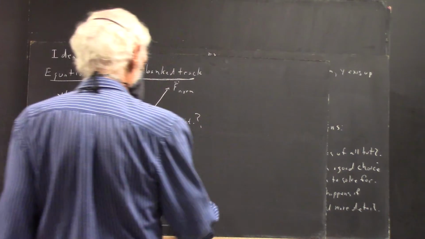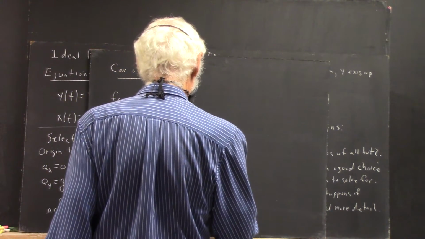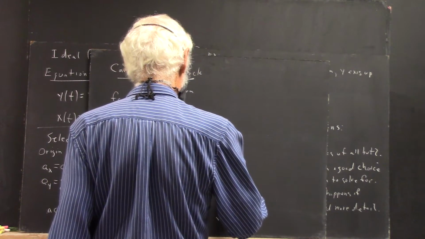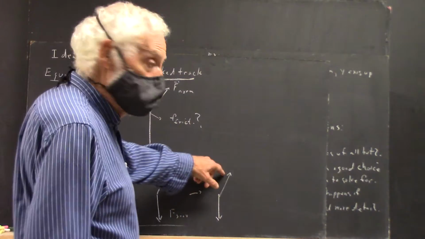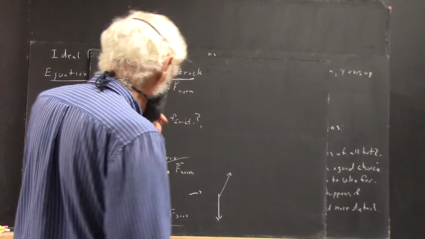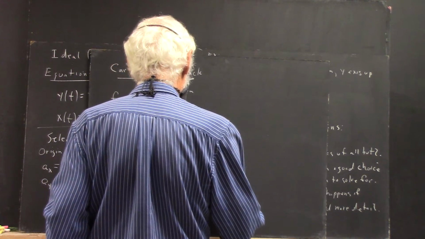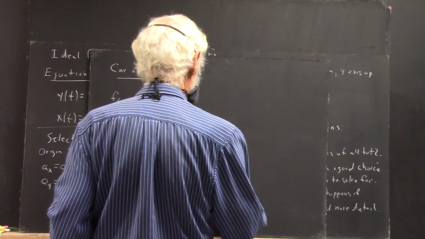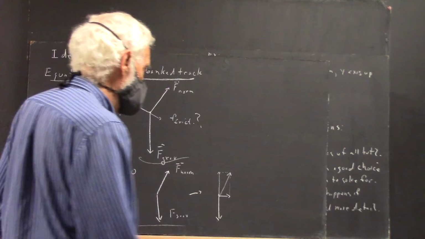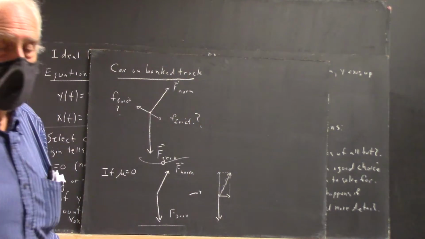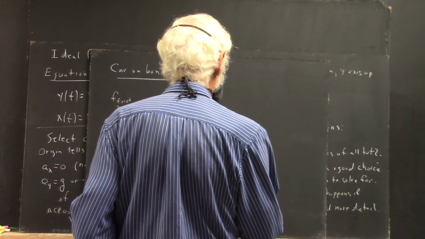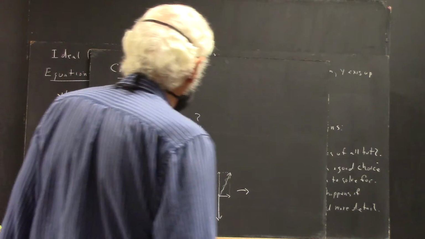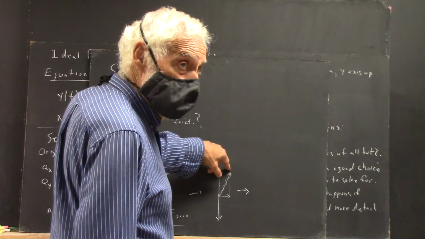Well, this picture can be drawn this way, same as this one, except that now we're going to replace this vector with its two components: a component parallel to the gravitational force, and a component perpendicular to the gravitational force. So now I've crossed out the normal force.